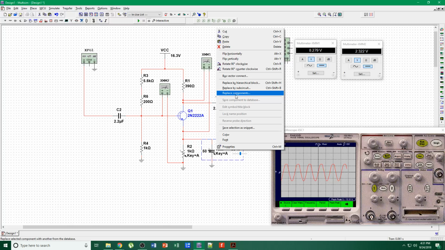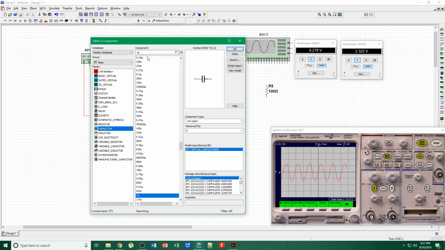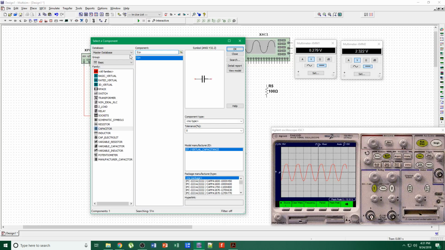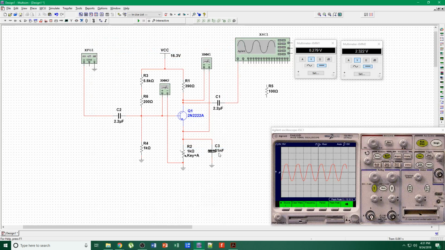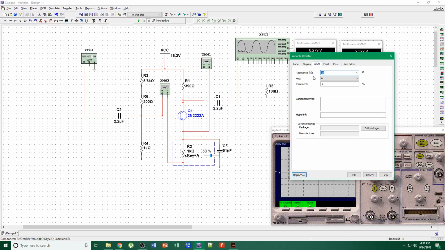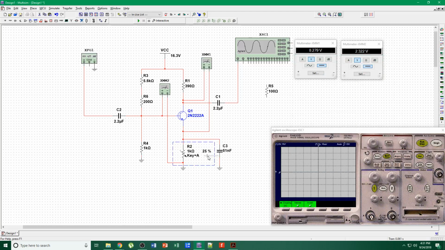and replace this with a normal capacitor at 51 nanofarad, which is basically how much I have. This is 1K, we'll say 1K at 10% of 1K is 100. I would assume so.